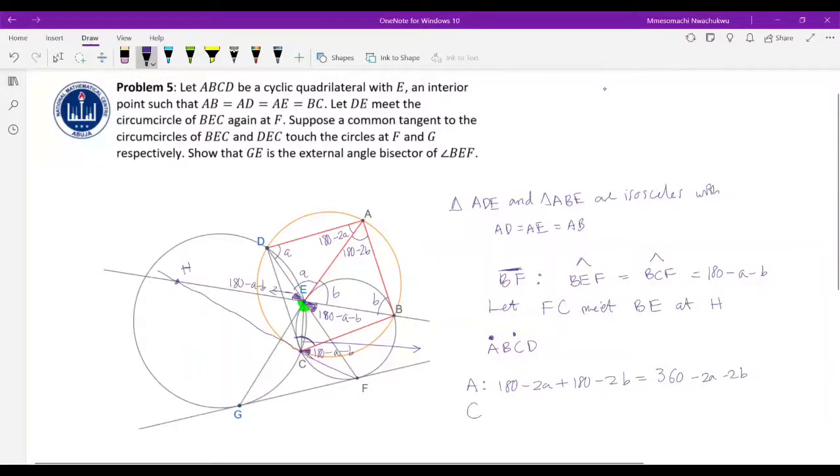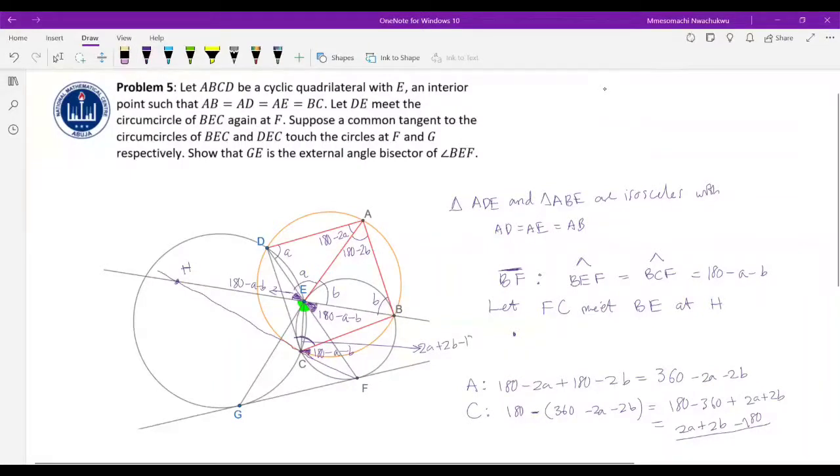So the angle at C is going to be equal to 180 minus (360 minus 2A minus 2B), which changes to 180 minus 360 plus 2A plus 2B, which is equal to 2A plus 2B minus 180. So this angle here is 2A plus 2B minus 180.